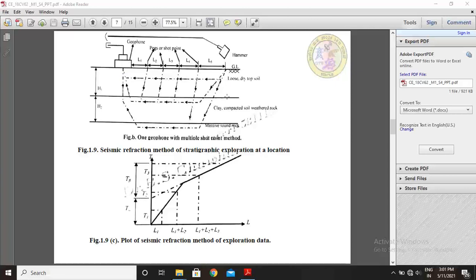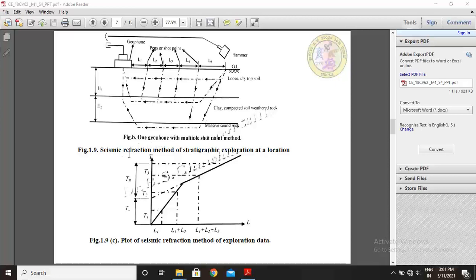This layer is loose dry topsoil, the second layer is clay or compacted soil, weathered rock, and the third one is massive rock. Here, geophones, while applying the hammer, shocks are supplied.